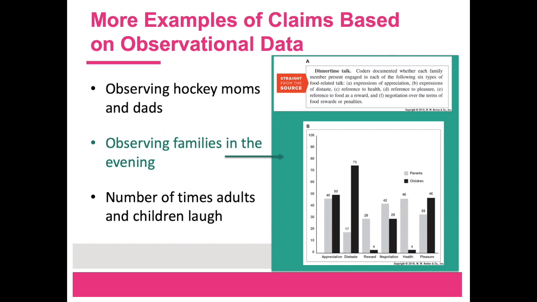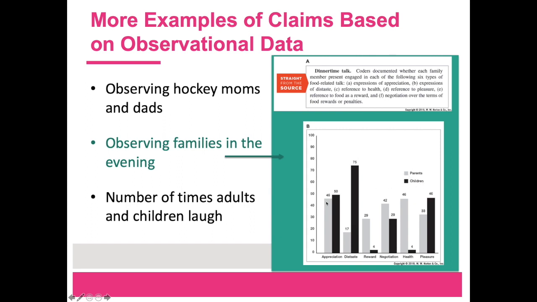Another one, observing families in the evening. We may want to know what types of food-related talk happen in the evening in families. And this chart shows some of that information. So there were these numbers of words for appreciation, distaste, reward, negotiation, health, pleasure, across both parents and children.